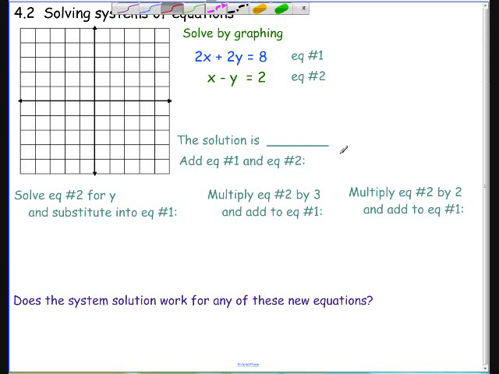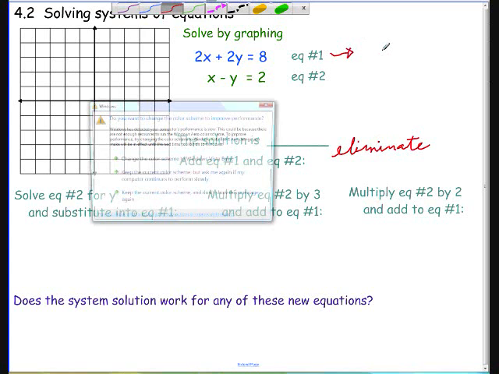My goal is to eliminate one variable. This is always your goal, whether you're doing it by linear combination or by substitution, is to eliminate one of the variables. So we're going to add equations 1 and 2, but first I have to transform one of them.